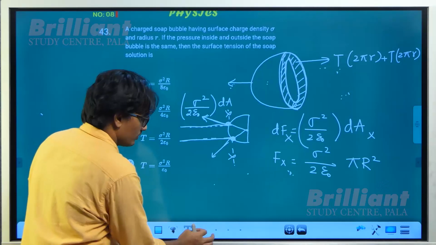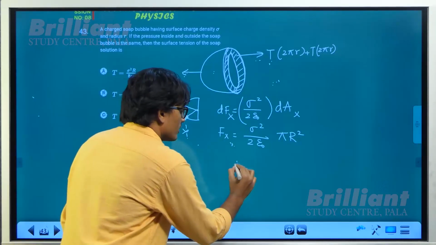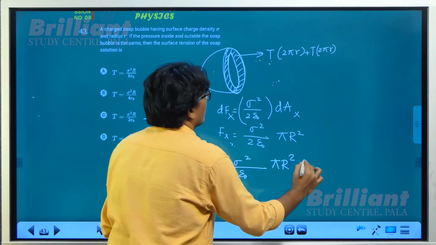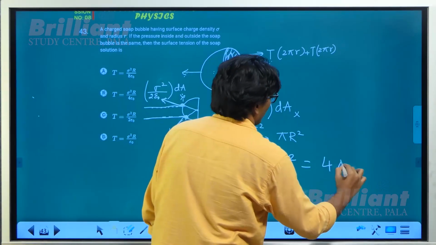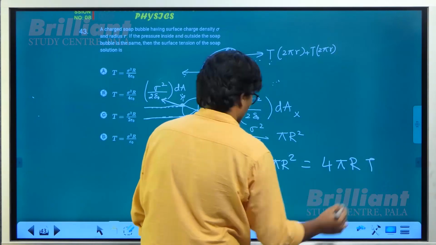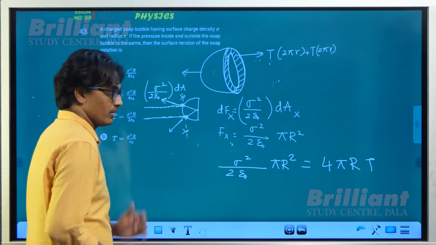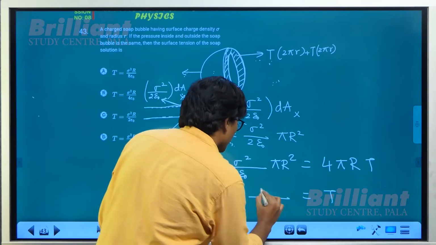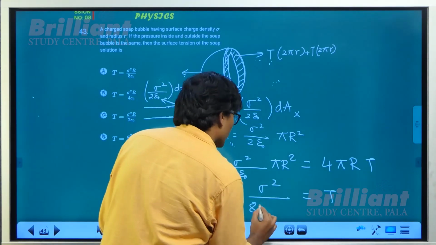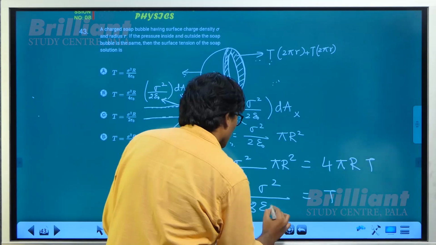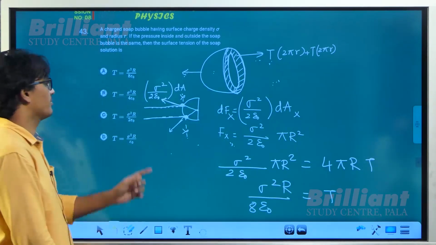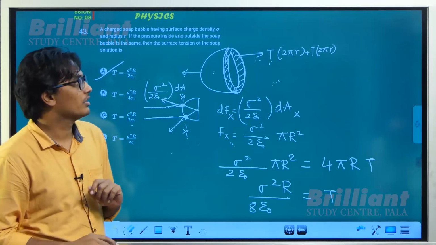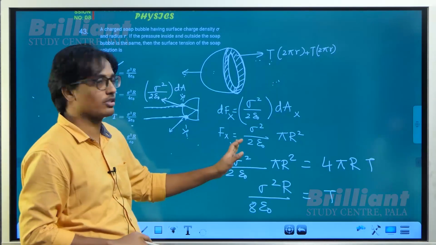So equate these two. Sigma square by 2 epsilon naught into pi r square is equal to 4 pi r into T. Same radius. So you'll get T is equal to sigma square r by 8 epsilon naught. This is force due to surface tension, this is electrostatic repulsion.